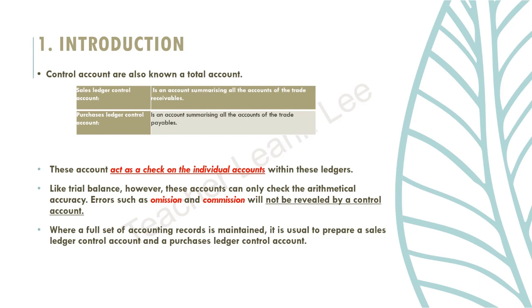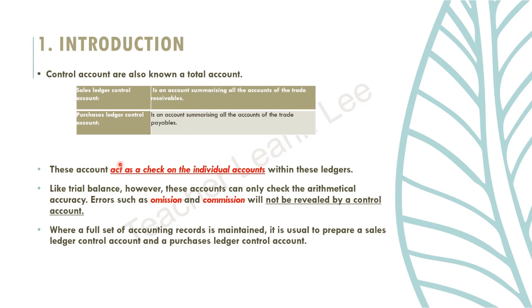The same goes for my purchases ledger control account. It summarizes all of the trade payables accounts, which are all the purchases on credit, and all the details such as the returns, the discount received, the payments to my TP, or any refunds if they overpay. All this will appear in your PLC.